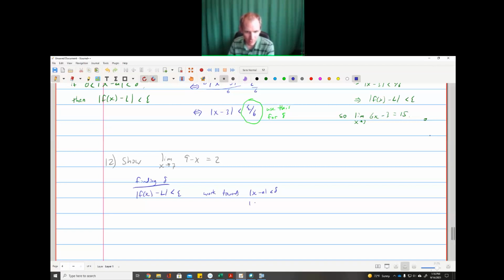My a value is 7, so I want something that looks like the absolute value of x minus 7 less than some number. So |f of x minus L| less than epsilon is equivalent to saying |9 minus x minus 2| is less than epsilon. Doing some arithmetic, 9 minus 2 is 7.